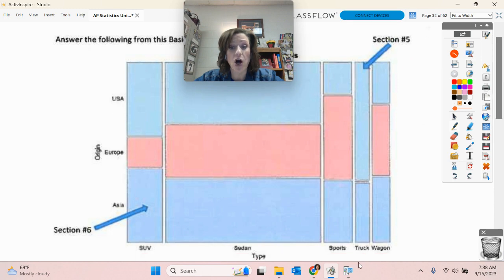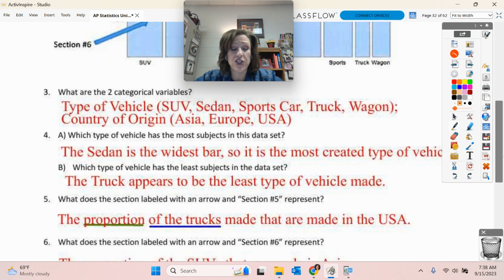Proportion of all trucks. So the x-axis is the proportion of, or this height here is the proportion of the trucks that are made in the United States. So that's a big deal, making sure you get that correct. Of the trucks is the denominator.